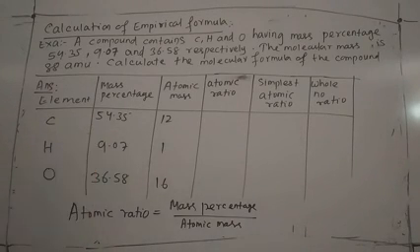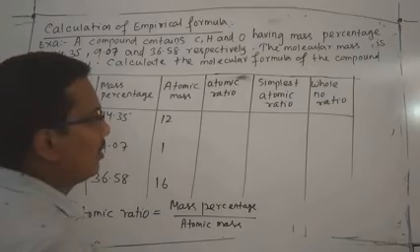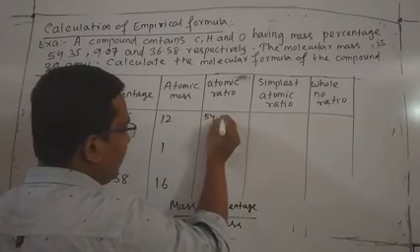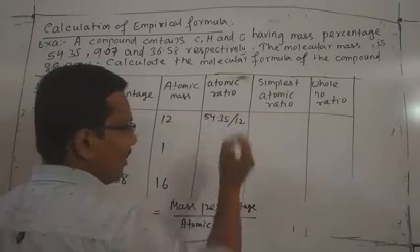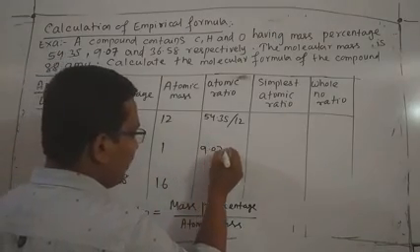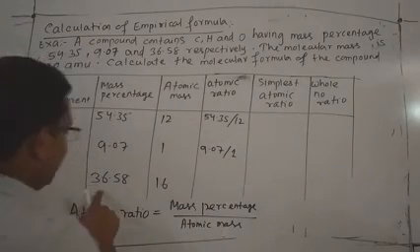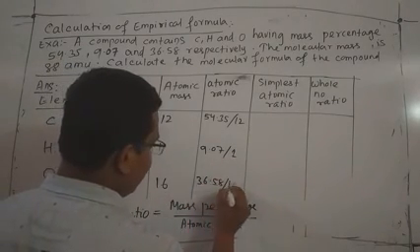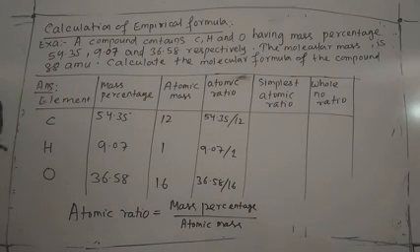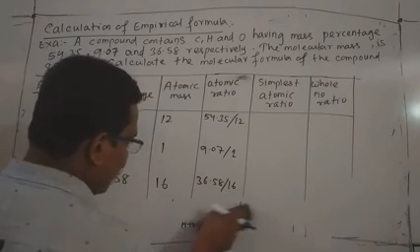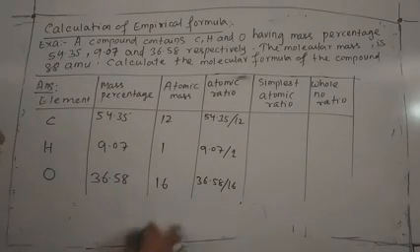Carbon has a mass percentage of 54.35 and an atomic mass of 12. So we write 54.35 divided by 12. Likewise 9.07 divided by 1, and 36.58 divided by 16. This is your atomic ratio.